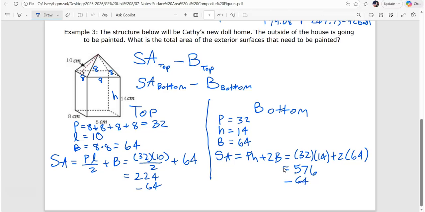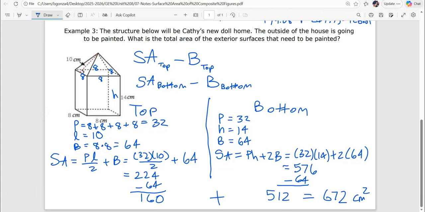You should get 160. And then over here, you should get 512. Add those up, and you get 672 centimeters squared. 672.